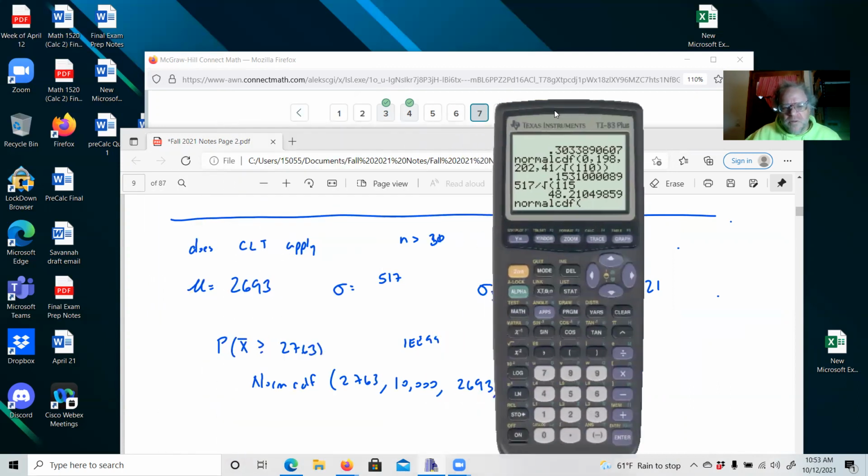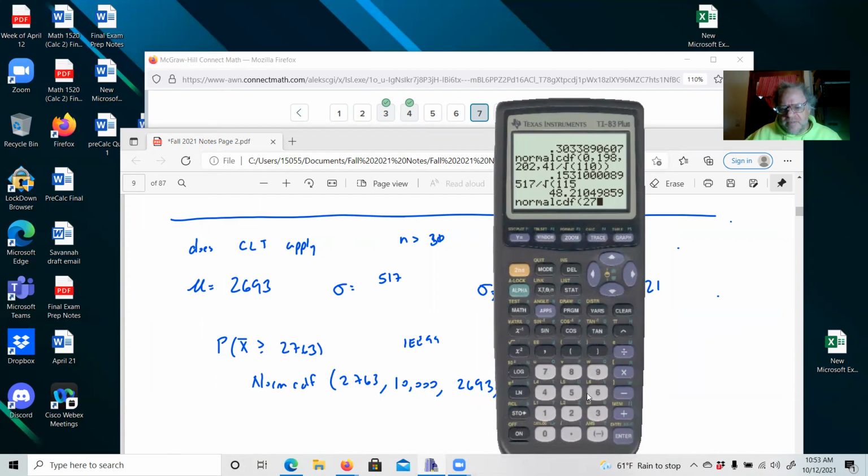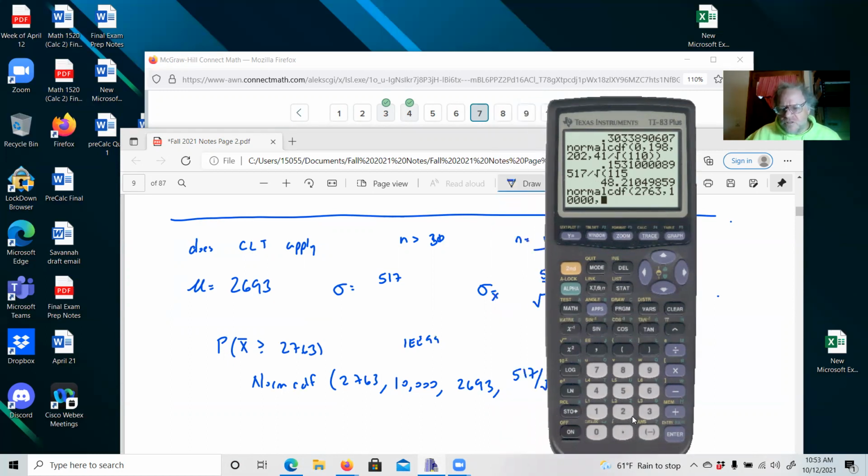Our low number was 2763, comma, 10,000. Our mean 2693, and our standard deviation 517 divided by the square root of 115.